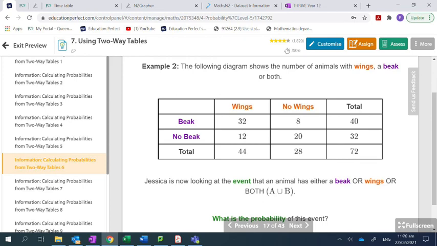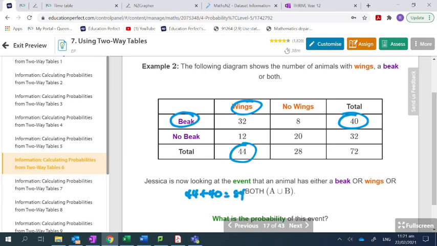Let's walk through this one together, because I want to point out a place where you can make mistakes. If we want a beak or wings or both, the temptation might be for some of you to say, all right, here's beak, so everything that has a beak is here. Here's wings, everything that has wings is there. And add those together. Do you see an issue there? It would be 44 plus 40, which gives me what?